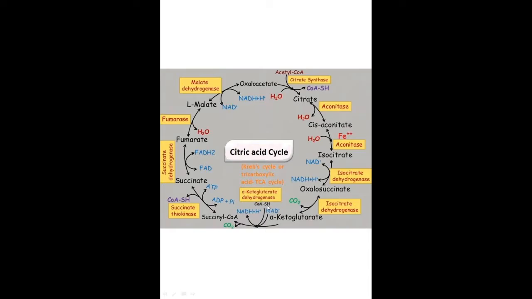Coenzyme A is required along with some other cofactors. If you remember, I had told you the same cofactors which are required for the pyruvate dehydrogenase enzyme complex, that is, along with coenzyme A, NAD, FAD, thiamine and lipoic acid.